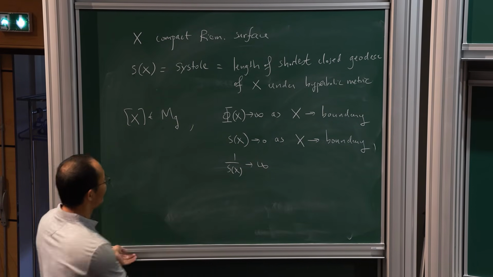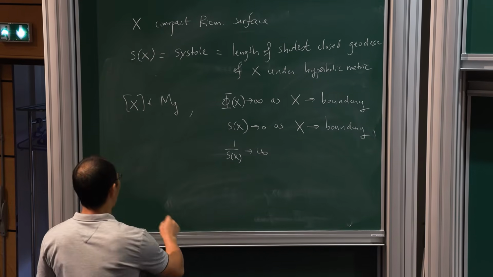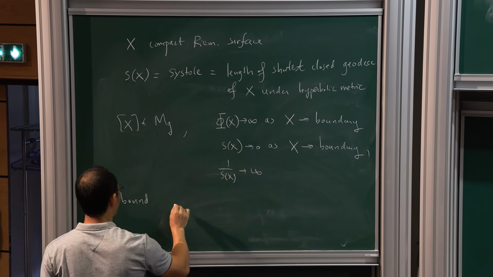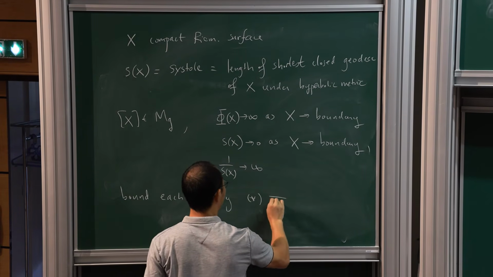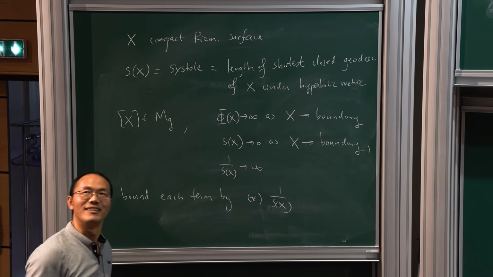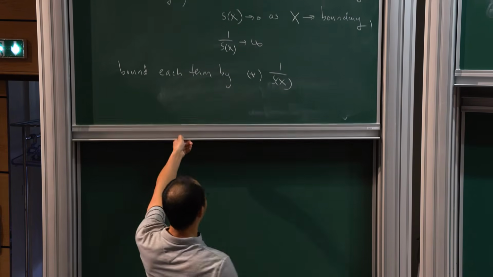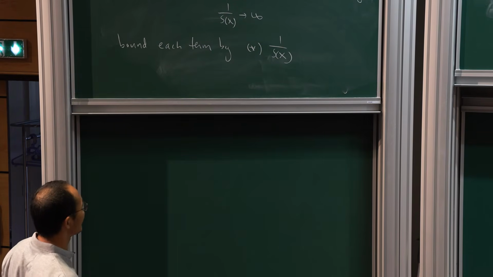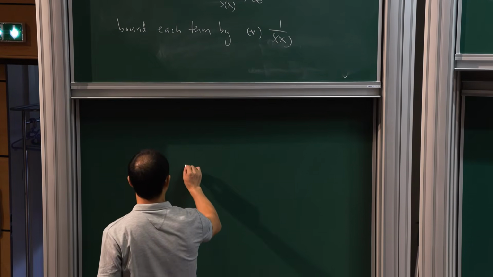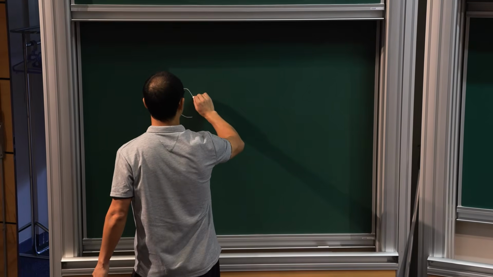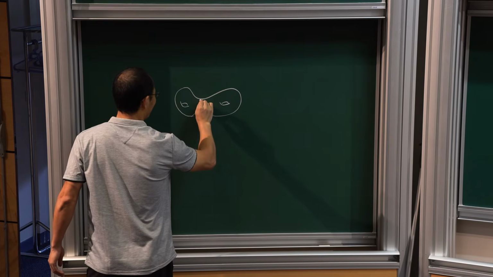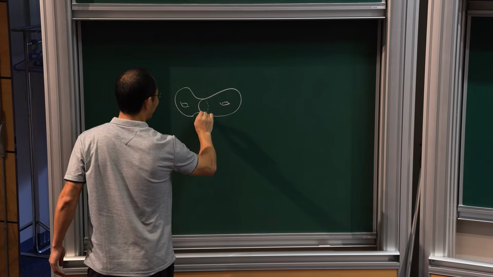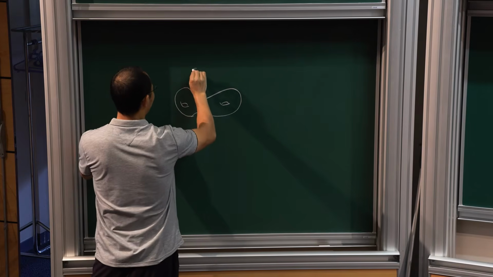And then we bound each term by a multiple of this one. Sorry, I'll finish my picture. For this S(X), for the picture, I'll draw a Riemann surface of genus 2. And then this S(X) might be, in some situations, the length of this loop.